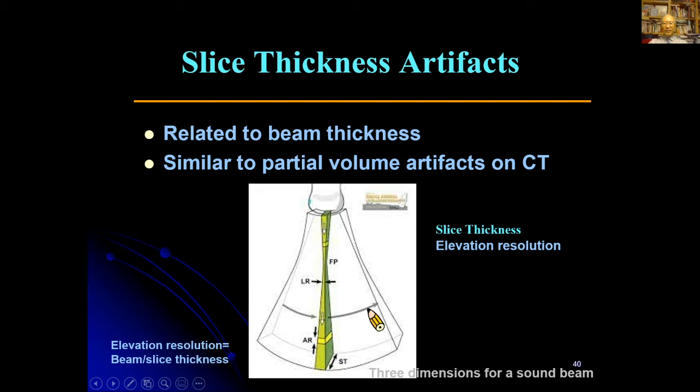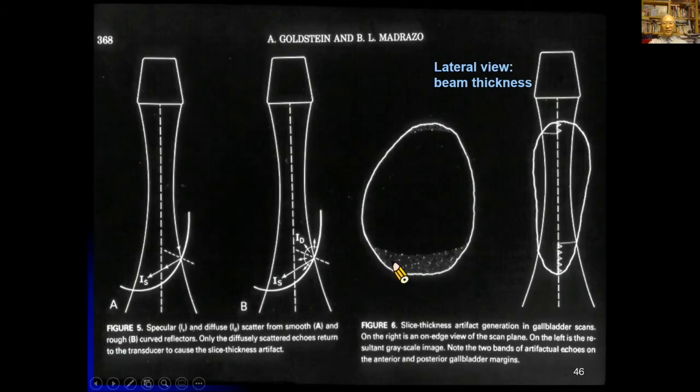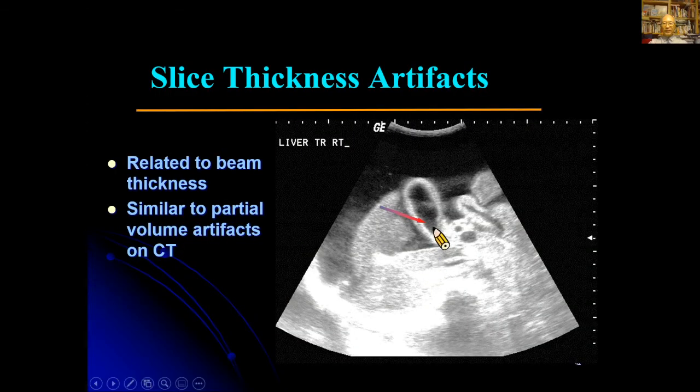Because the elevation or slice thickness is too thick, it will detect some signals in the peripheral region, not in the main beam. So it can display as weak internal echoes, just like here in the gallbladder.